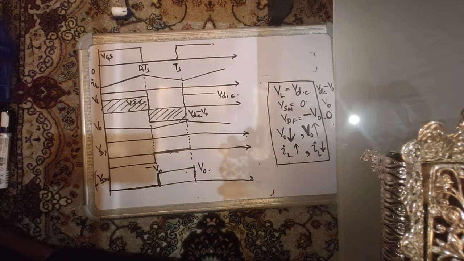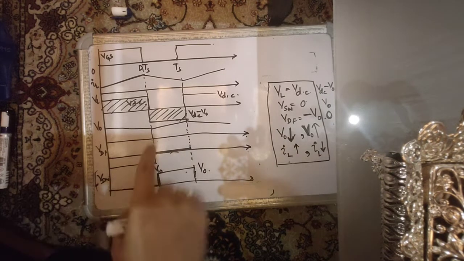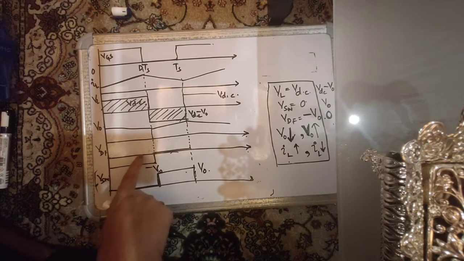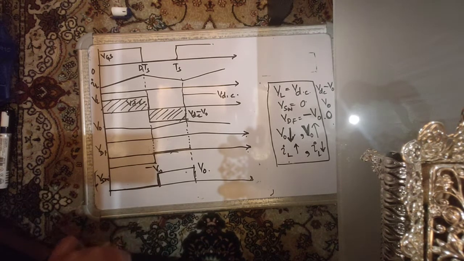Unlike a buck converter where the rating is decided by the input, the boost converter circuit has to be constructed in such a way that the ratings of the devices are chosen as per the output voltage. ये आप देख रहे हो कि जो भी आपके devices हैं वो output voltage के magnitude पे stress हो रहे हैं, so the boost converter has higher rating of devices.